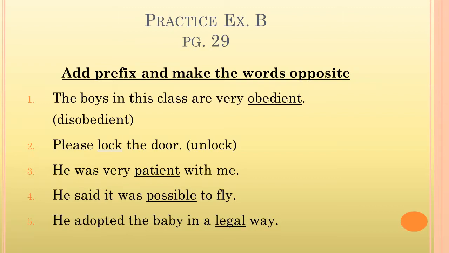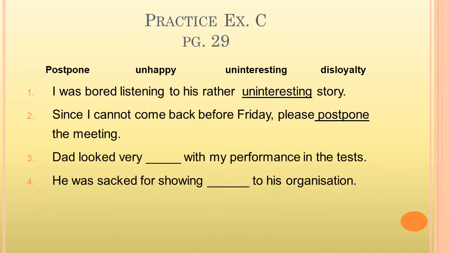He adopted the baby in a legal way. Opposite of legal is in the exercise. Find it there and write it in this exercise B in your books. Then practice exercise C. We are given 4 words: postpone, unhappy, uninteresting, disloyalty.